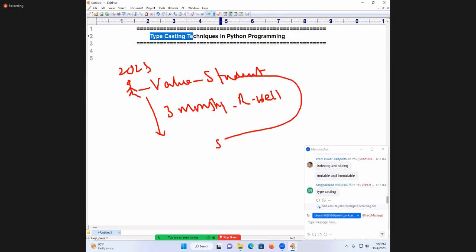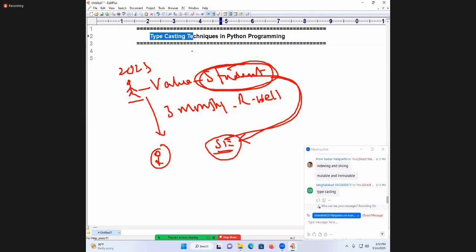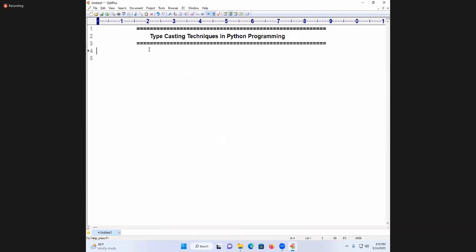So the value of this person has changed to some other kind of value. The student value is becoming SE. So the process of converting one type of value into another type is called typecasting. What is the definition of typecasting?